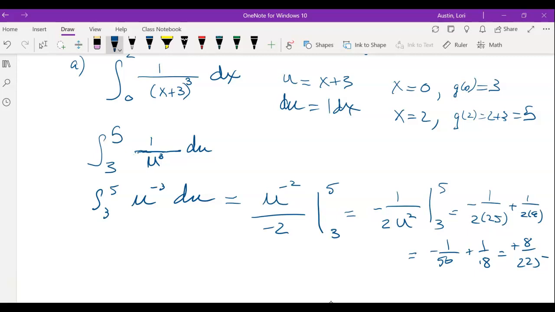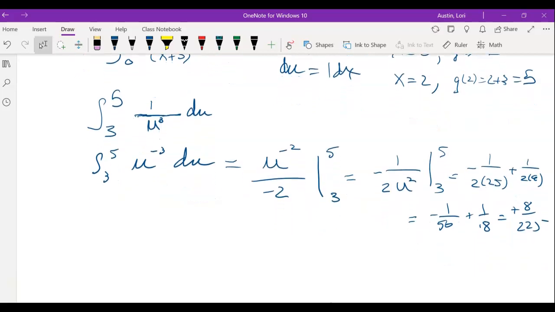I had to subtract a negative, because it ended up being negative 1 over 2 times 25 minus negative 1 over 2 times 9.